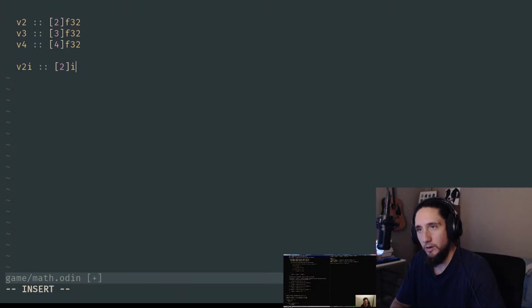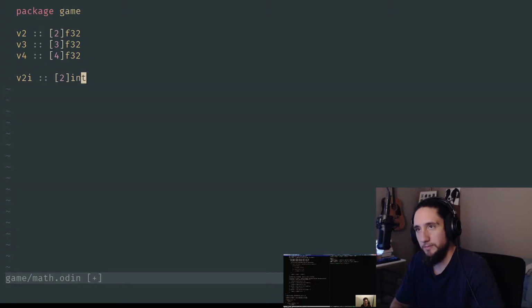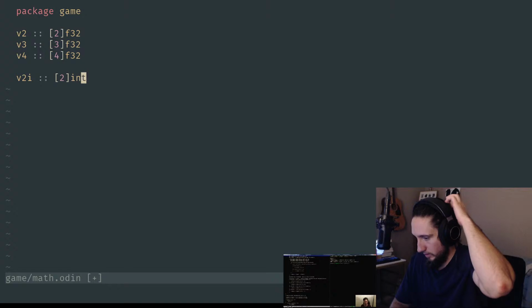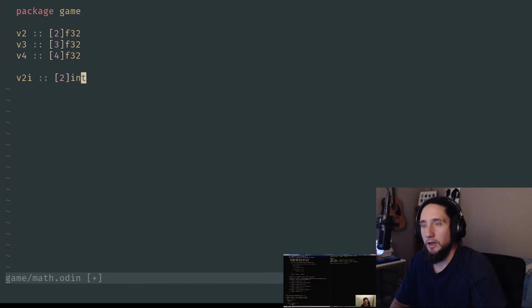I think we might go with i32 because I think int resolves to a 64-bit wide integer. So yeah, I'll probably just do that.